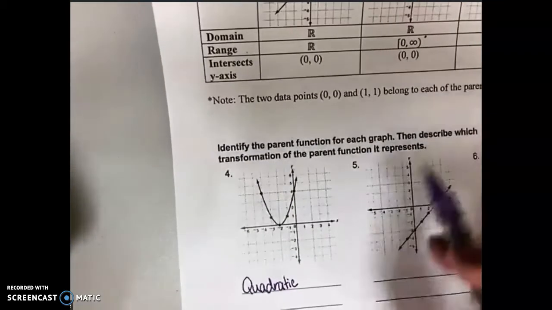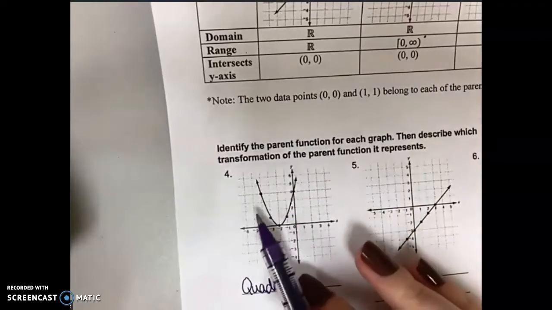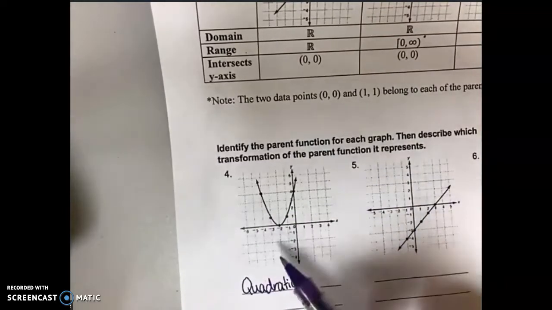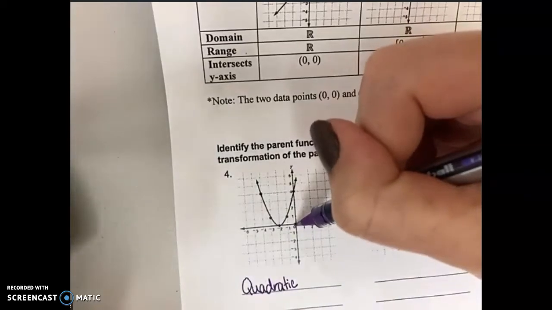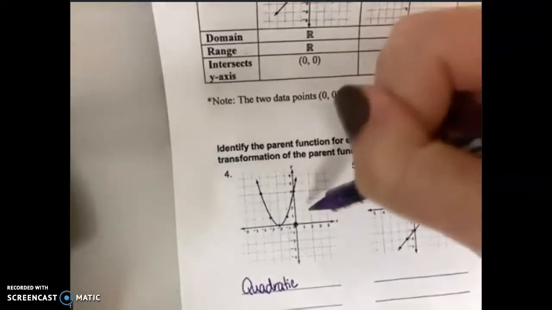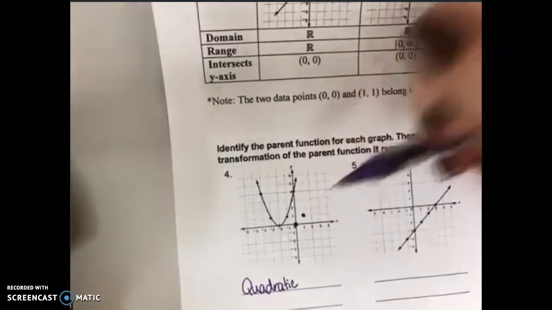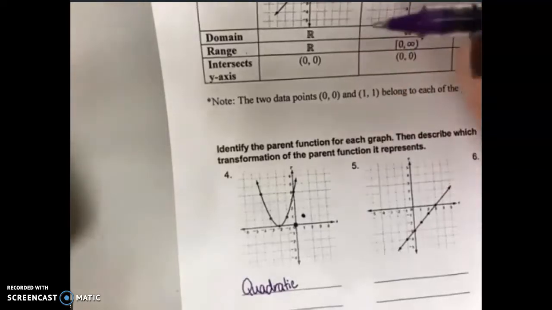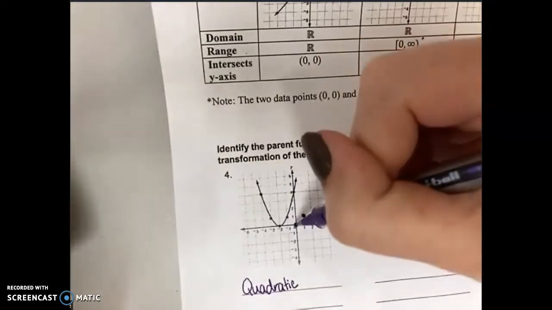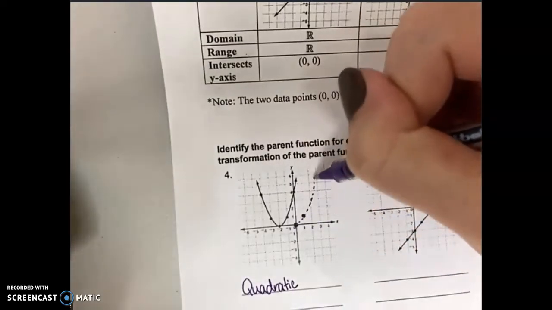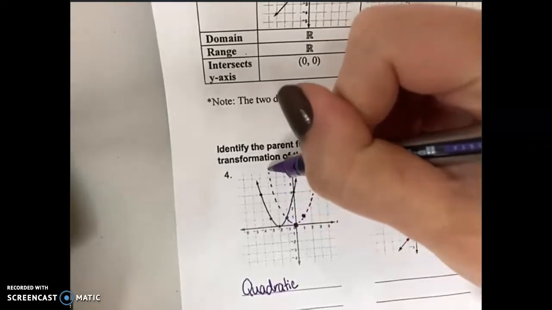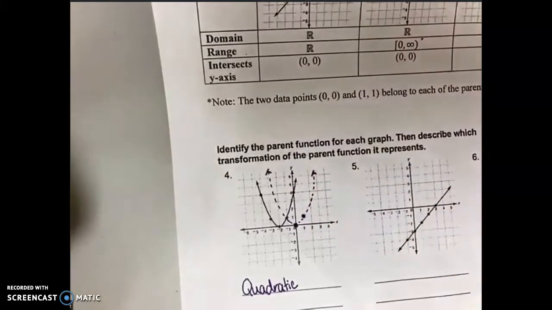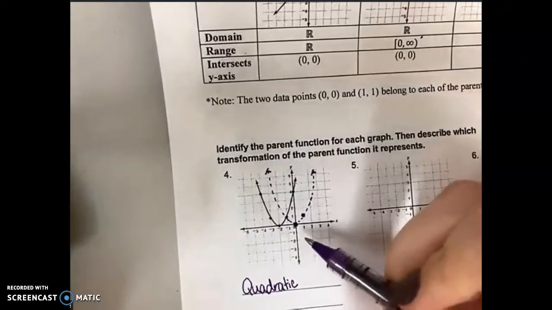Okay. Now I want to identify what the transformation was. So how did it change? This is where I was saying knowing that it passes through the origin and the point 1, 1 in our original or parent function, sketching that out real quick can help us see how it's moved.